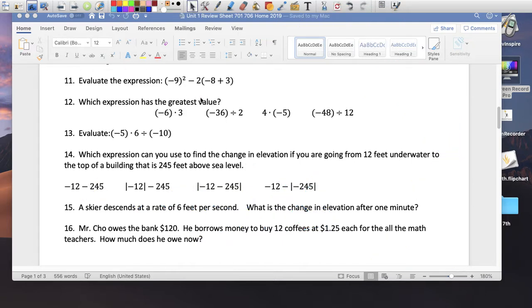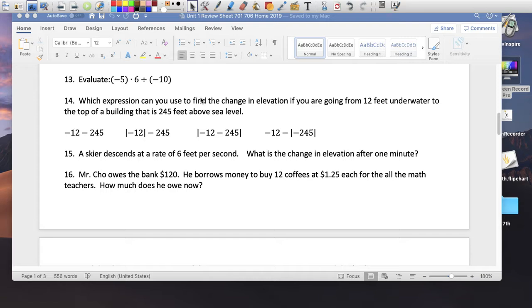A skier descends at a rate of 6 feet per second. What is the change in elevation after 1 minute? So, some mountain, and there's a skier right there. He's going to be going down the slope of this mountain, and every second he goes 6 feet, another second, another 6 feet, and so on. One minute has 60 seconds, so I'm going to multiply 60 seconds times 6, and that's going to give me a distance of 360 feet.